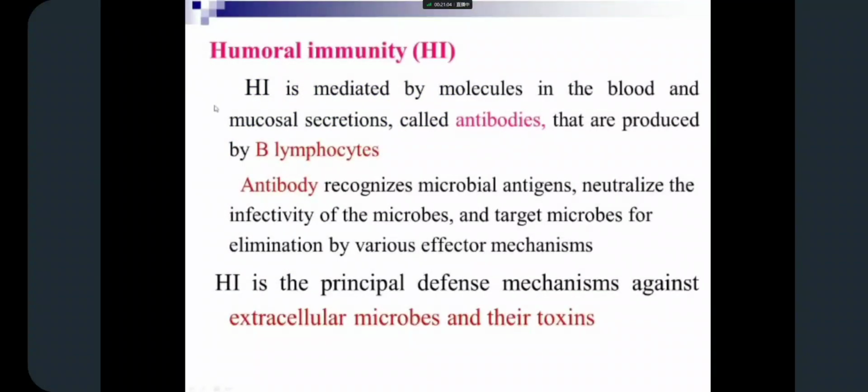Okay, let's study humoral immunity. Humoral immunity is mediated by molecules in the blood and mucosal secretions called antibodies that are produced by B lymphocytes.